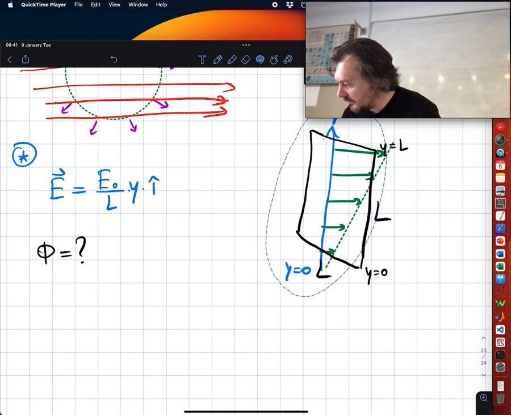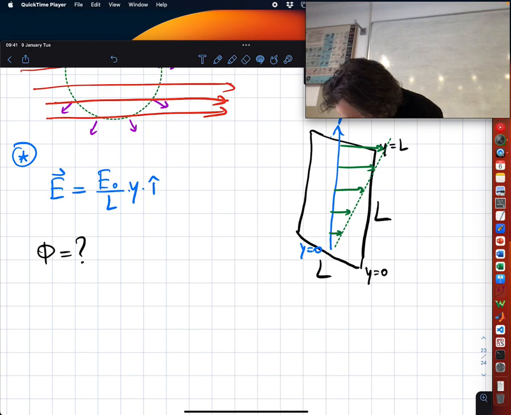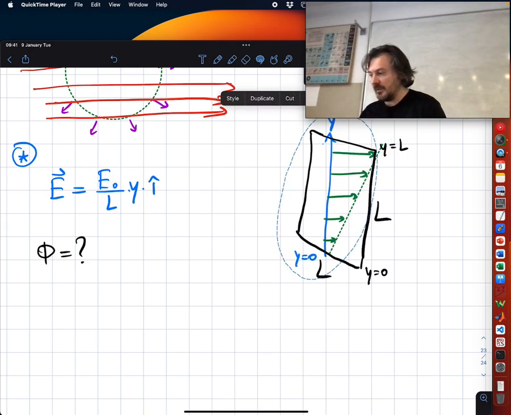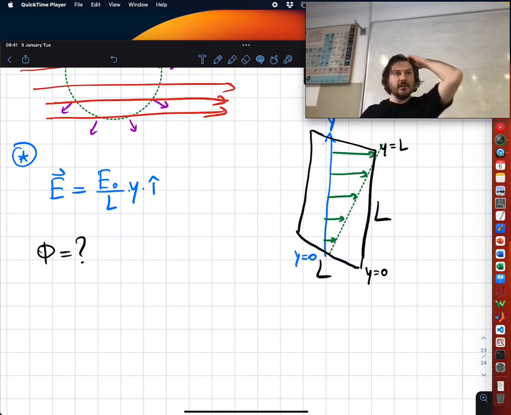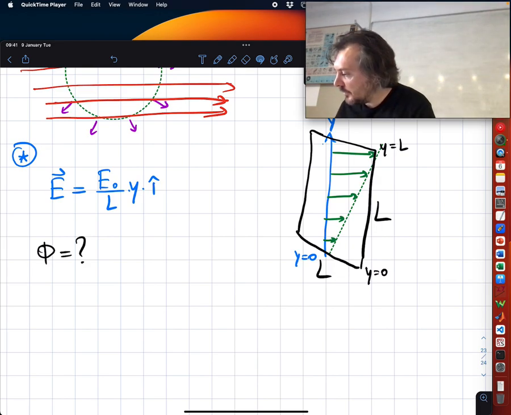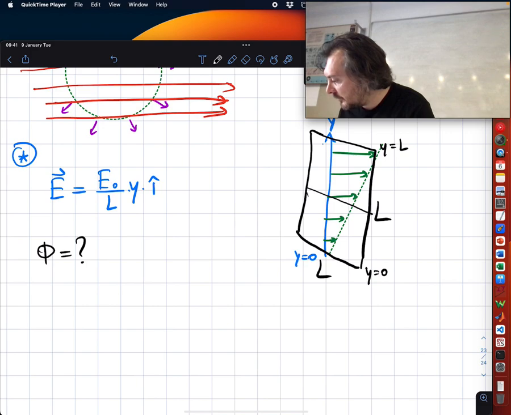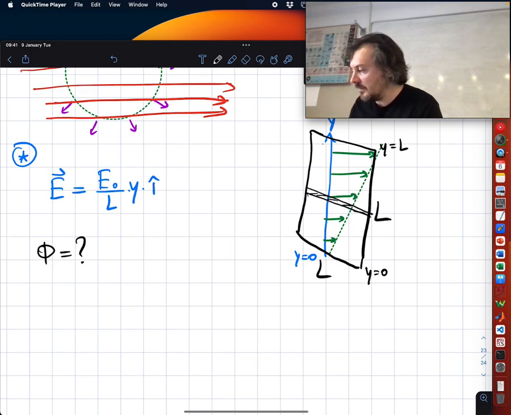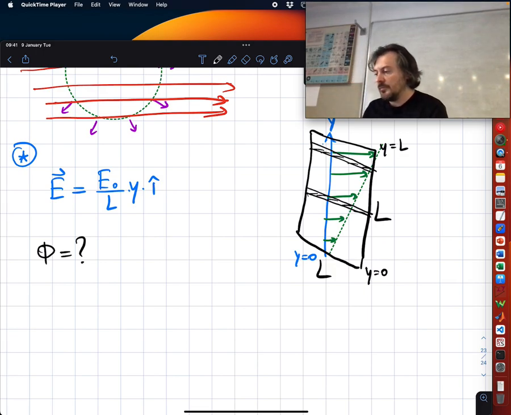This is better, right? So it's going in. And at the bottom, it's less. For example, over here, it's this much. Over here, it's larger. Over here, it's even larger. So what do you need? You need an integral.